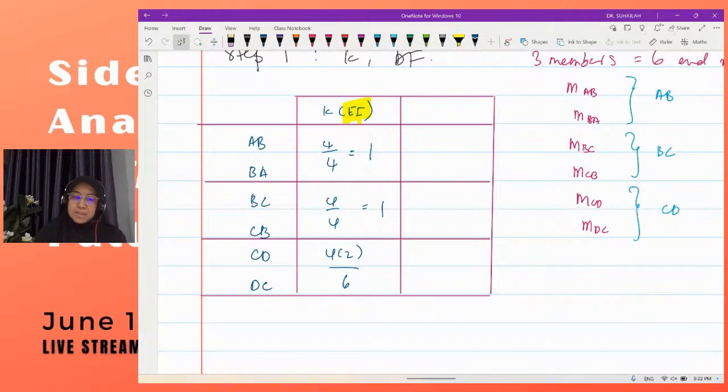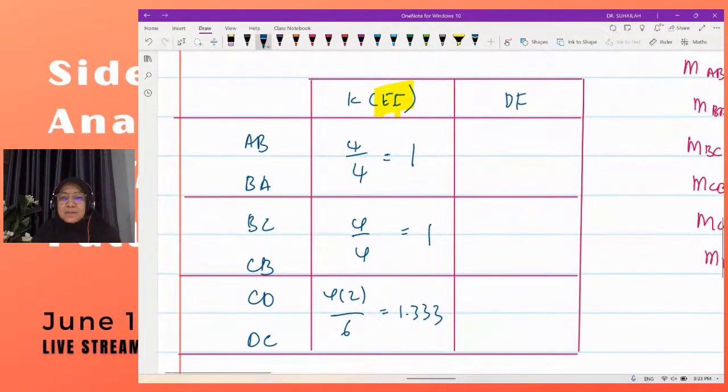And the answer is 1.333, so this is 4 times 2 divided by 6. Okay, so the next column is for distribution factor.